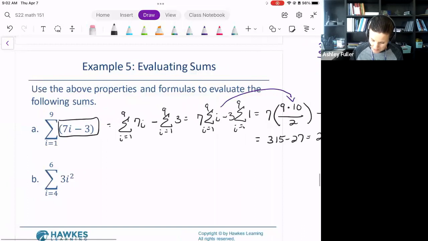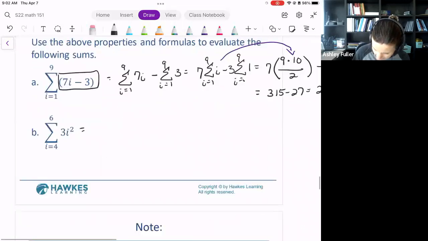Applying those same properties here, again, I can pull out my constant of 3. I'm going from i equals 4, in this case, to 6 of i squared.